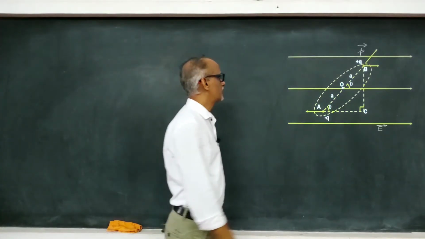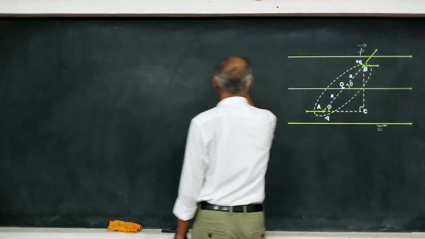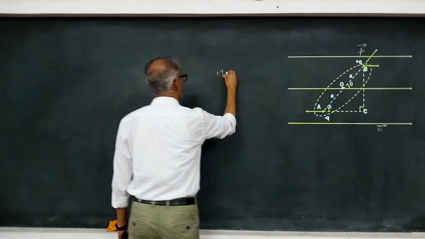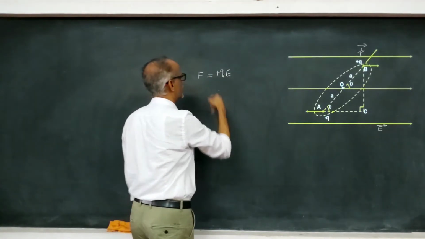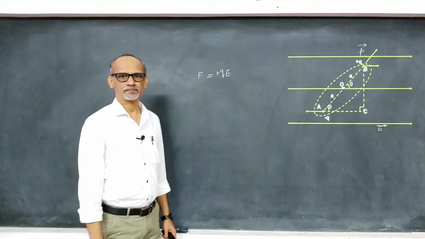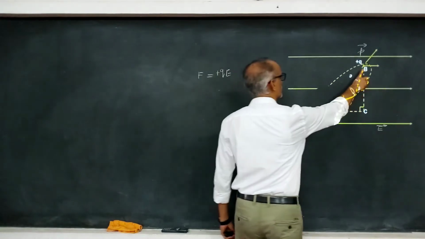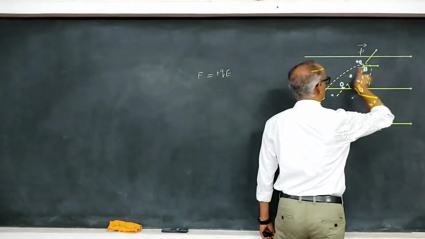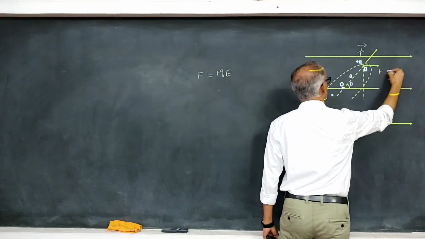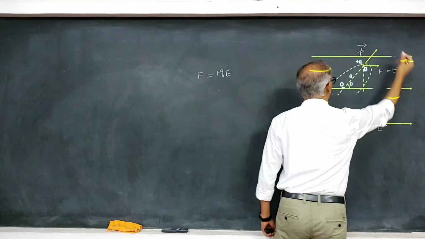When a positive charge is placed in an electric field, it experiences a force in the direction of the electric field. So this positive center, or center of the positive charge, experiences a force in this direction, which is given by F equal to QE.